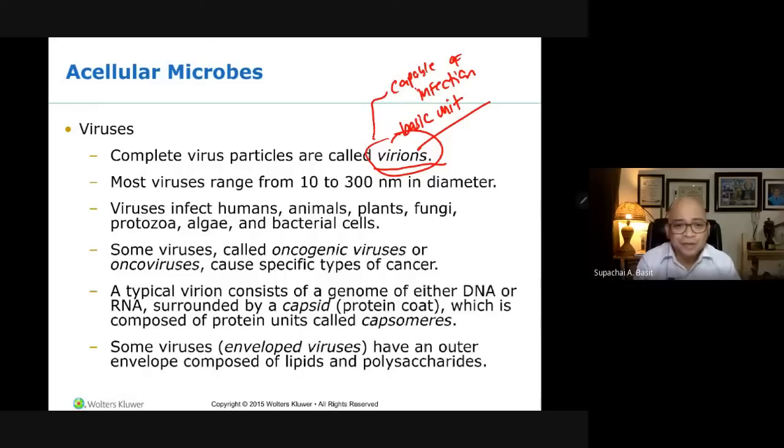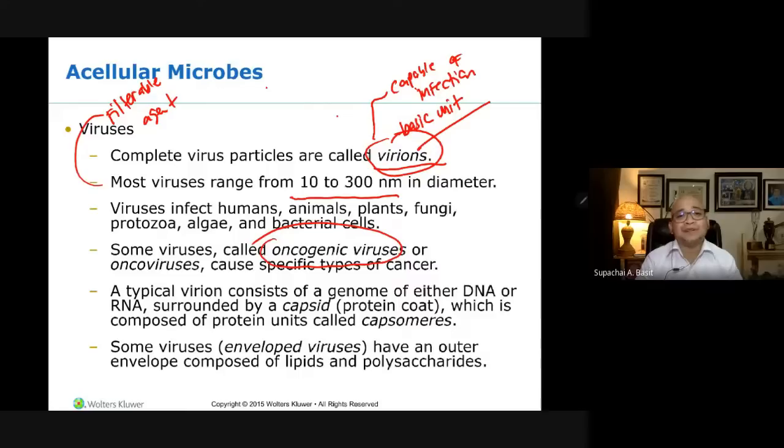They are even much smaller than bacteria, between 10 to 30 nanometers in diameter. Again, we utilize the term filterable agent for this. If a virus is capable of causing cancer, we call it oncogenic viruses or oncoviruses.